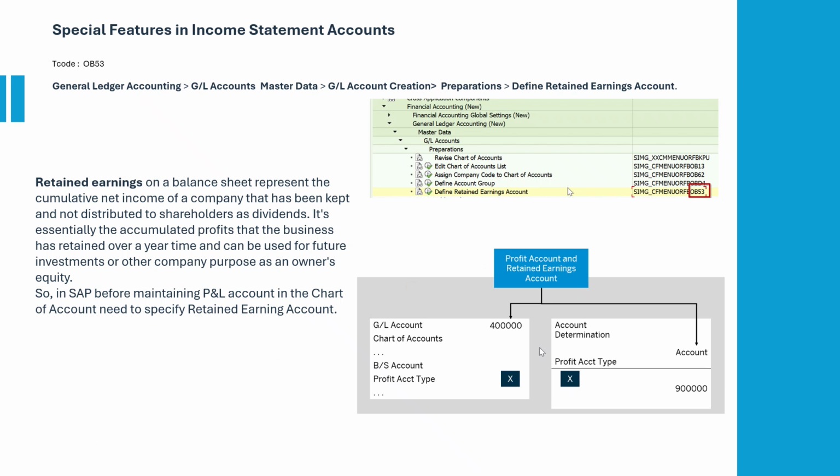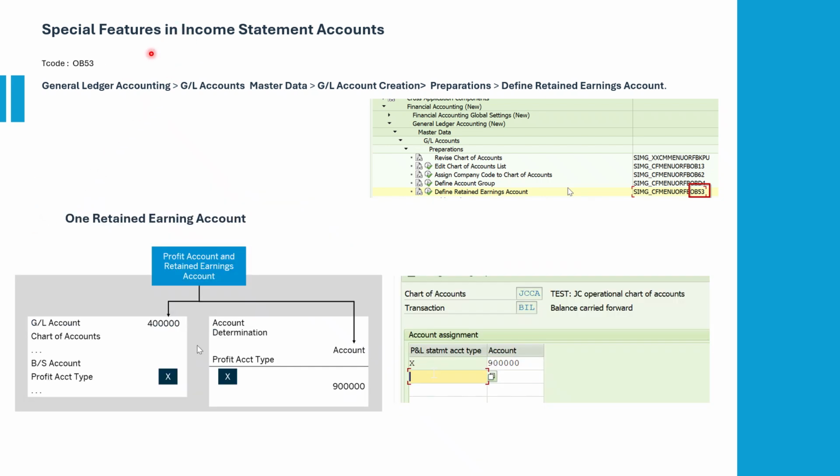Now in SAP, you can have one retained earnings account or you can have several retained earnings accounts. It depends on the scenario. Let's say all P&L accounts are valid across all company codes in your organization, then you can transfer your P&L balances to a retained earnings account at the year end.